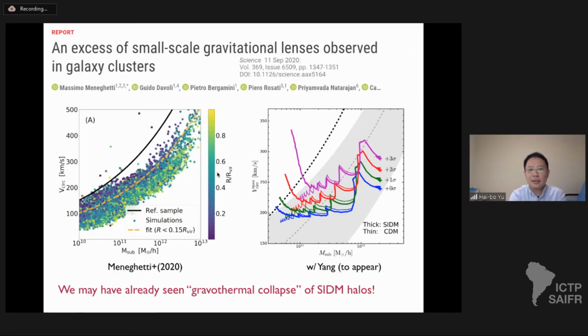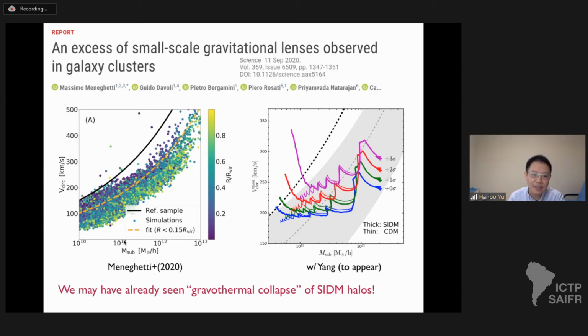Lastly, in September there's a nice Science paper using observations of strong lensing to put some constraints on the density of the subhalos inside the galaxy clusters. The whole story is a bit complicated, but let me just highlight their result. So this plot shows the maximum circular velocity as a function of the mass of the subhalos inside the galaxy clusters.